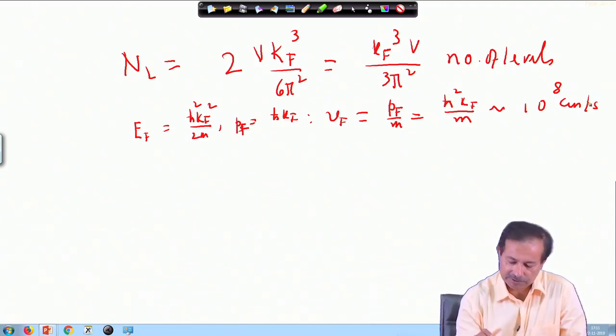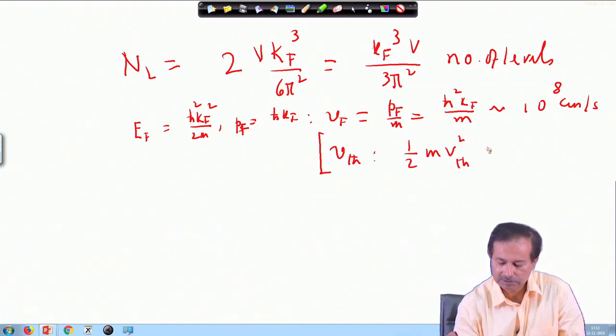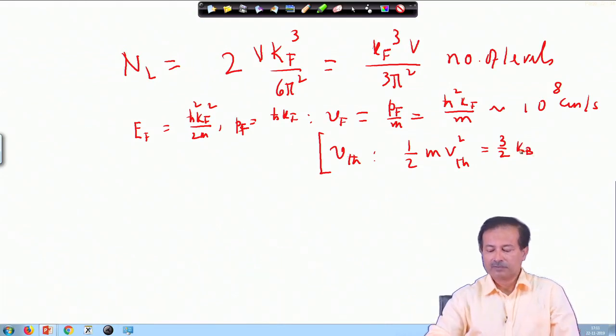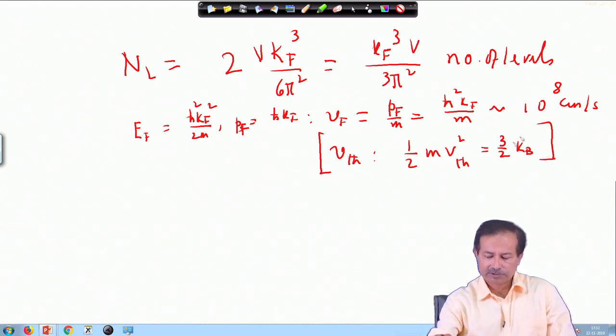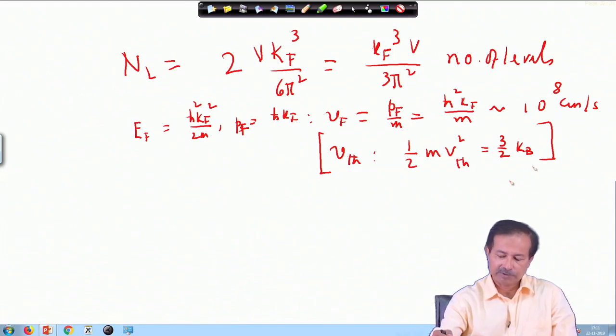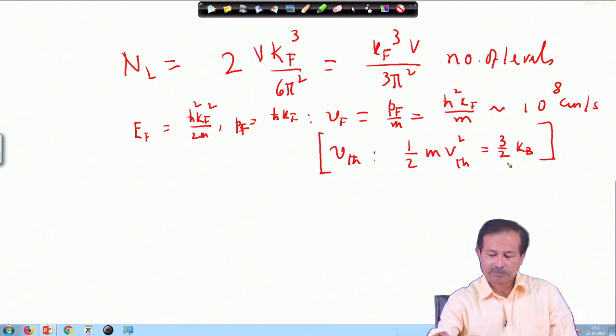So, if you remember your classical situation where the corresponding velocity there was the thermal velocity. So, I am just writing it thermal, which we obtained from this relation that half m v square thermal is equal to 3 by 2 k b T. So, that gives square root 3 k b T by m is the thermal velocity, which is much smaller compared to this velocity.